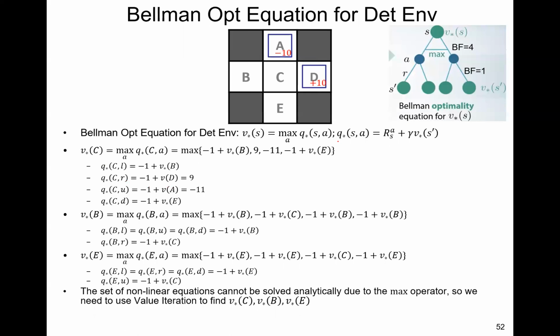In the intermediate iterations, it's not optimal. And in intermediate iterations, if you perform argmax on the Q star, the policy may not be valid or may not be reasonable, because the Q stars are not really optimal during the iteration. So we don't do the extraction of the policy in the intermediate steps.